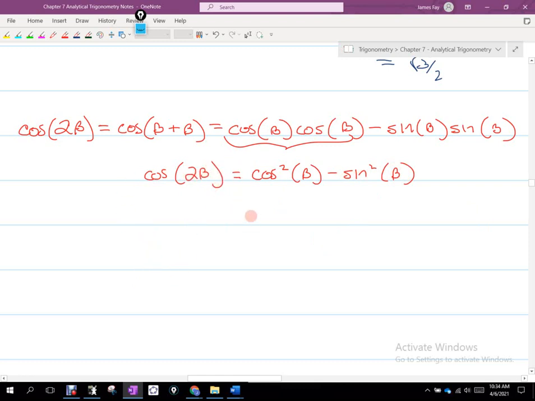Which now let's go ahead and use what we know about 30 degrees. I go cosine of 2 times 30. Okay, so I'm interested in cosine of 60 degrees. I can find that by knowing the cosine of 30. So this would be my beta now. What's the cosine of 30?